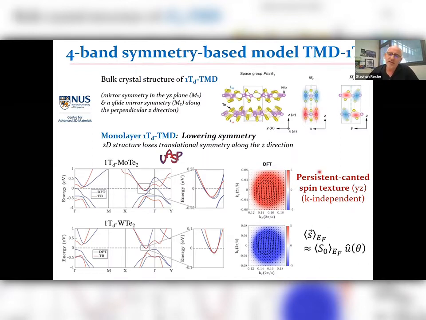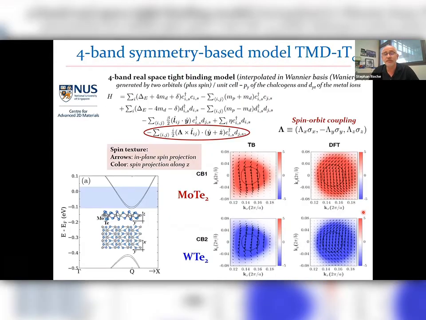So persistent spin texture means that it is kind of k-independent in the zone of interest for transport. And we'll see that these canted angles actually reflect in all the properties of the spin transport.